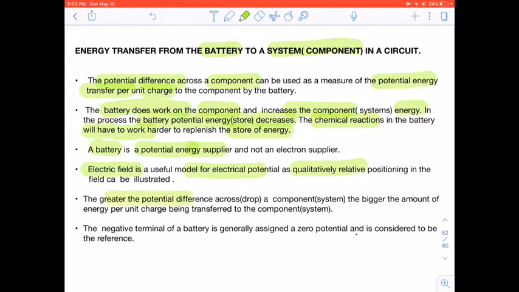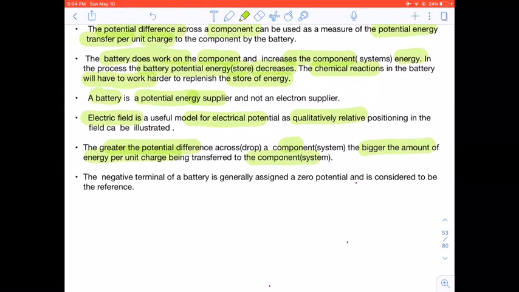So the greater the potential drop across a component, the bigger the amount of energy being transferred to the component. And the negative terminal of the battery is generally assigned a zero electric potential and is considered to be a reference.